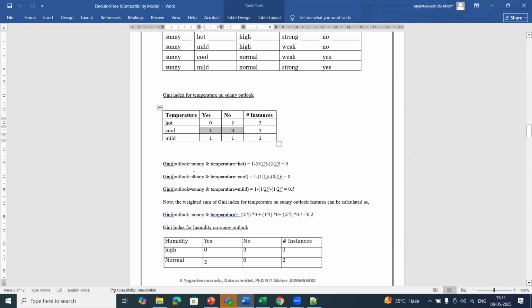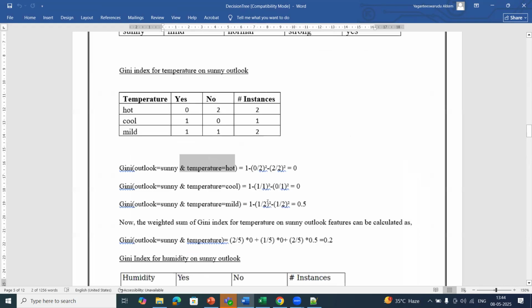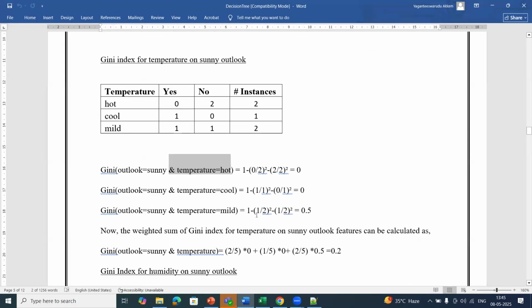Now, see how I am calculating the Gini index. I know outlook equal to sunny. Now for different combinations of temperature, I need to calculate the Gini index, and the final Gini index for outlook sunny and temperature. So outlook equal to sunny and temperature is hot.